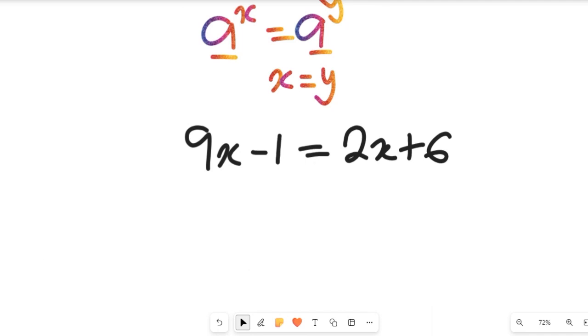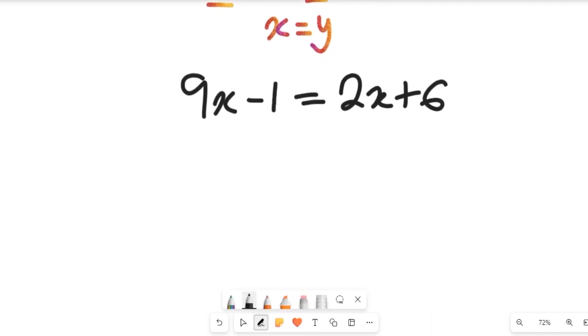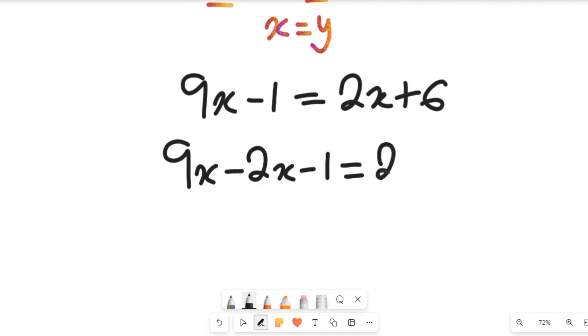Now let's see how we'll subtract 2x from both sides. We'll have 9x minus 2x minus 1, and this will be equal to 2x minus 2x plus 6.